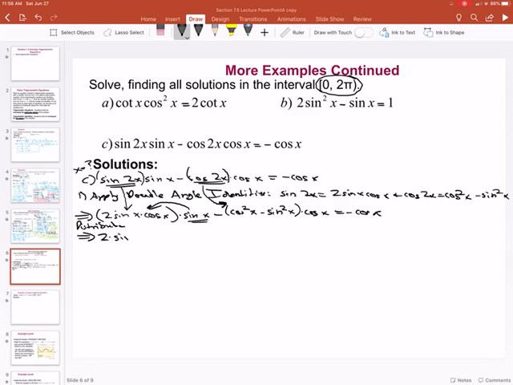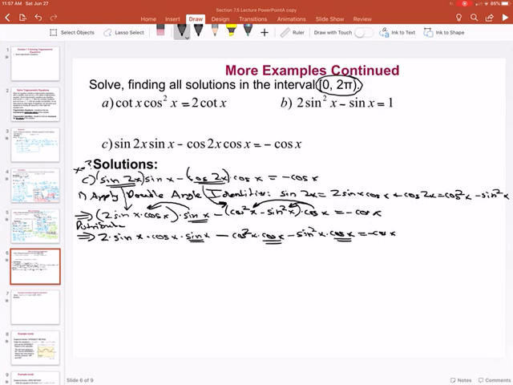That would be 2 times sine x times cosine x times sine x, minus, and then we got the cosine. There are 2 different terms here, so you do have to be careful. We have cosine squared x times the cosine x that we distributed, minus sine squared x times the cosine x that we distributed, equal to negative cosine x.